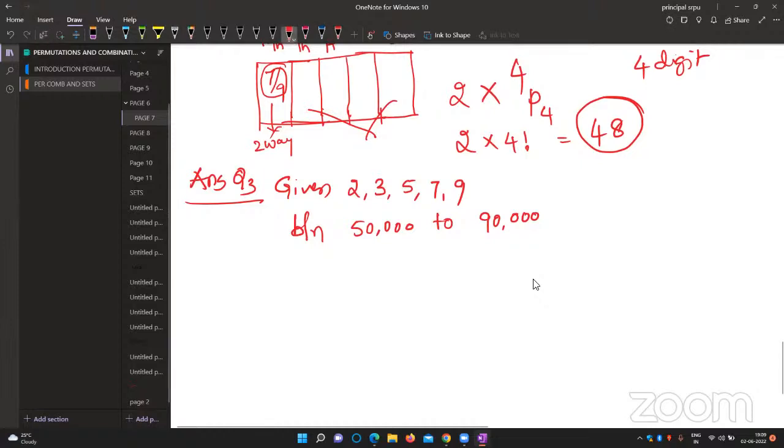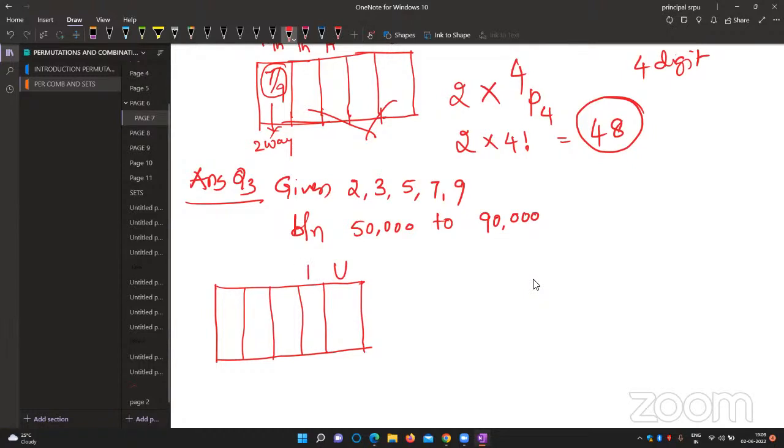Once again, I'll draw the 5-digit number systematically. Places 1, 2, 3, 4, and 5: unit digit, tenth place, hundredth place, thousandth place, and ten-thousandth place.